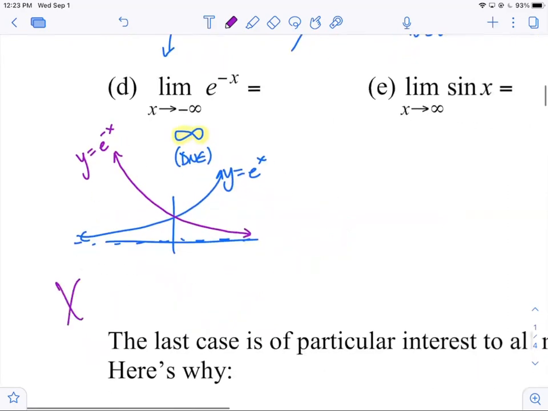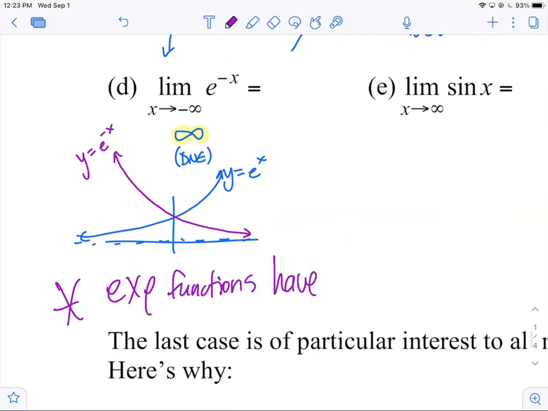This is a very important problem because exponential functions are kind of unique because they have drastically different end behaviors.